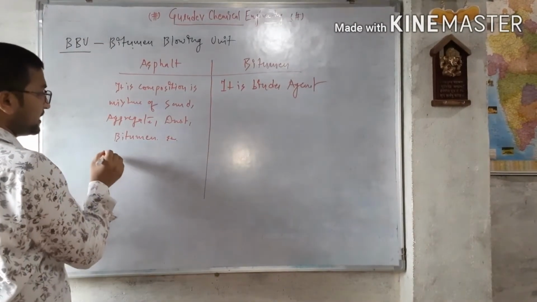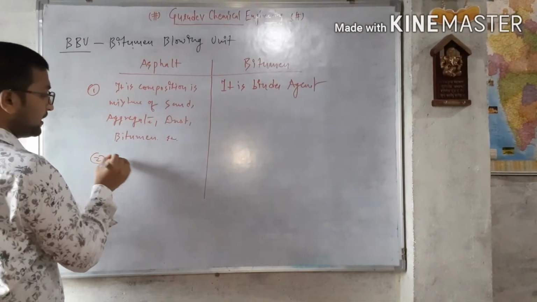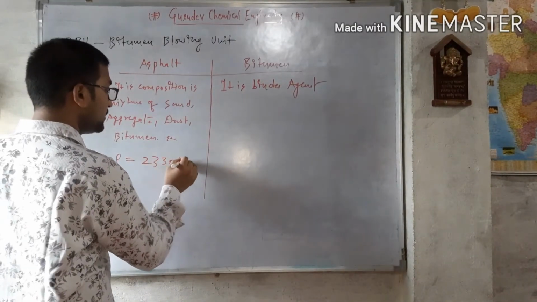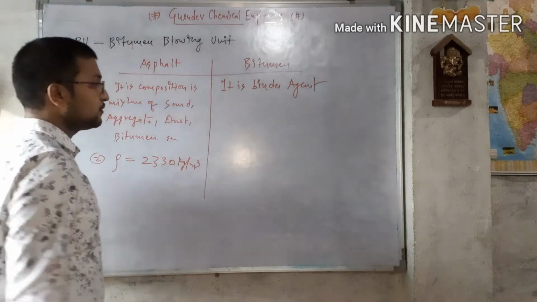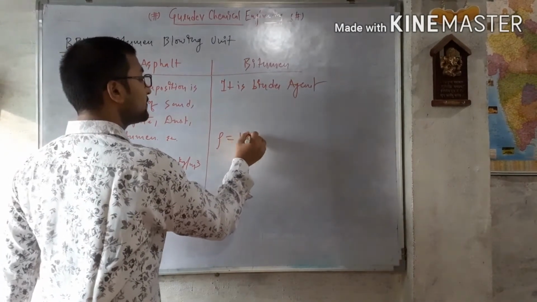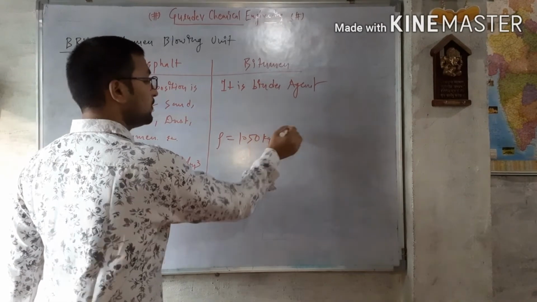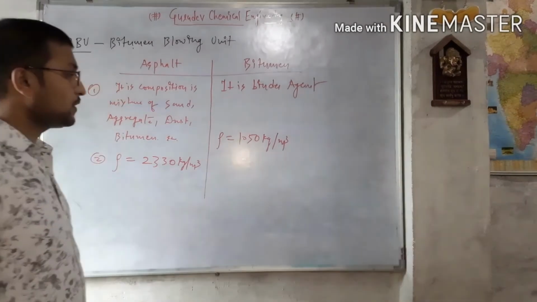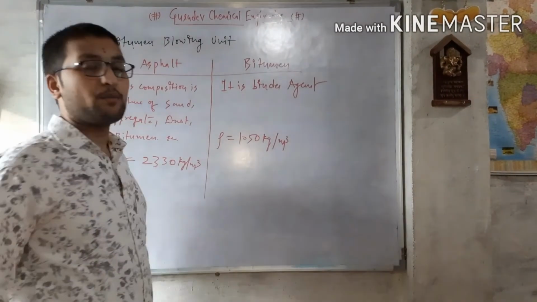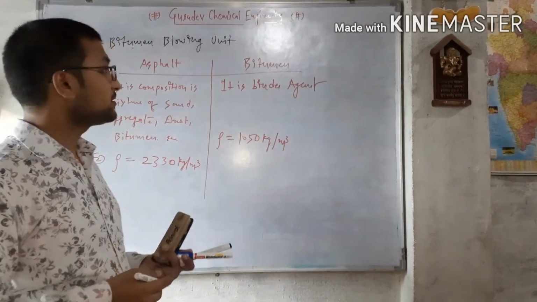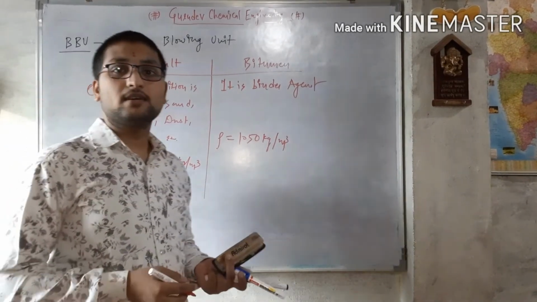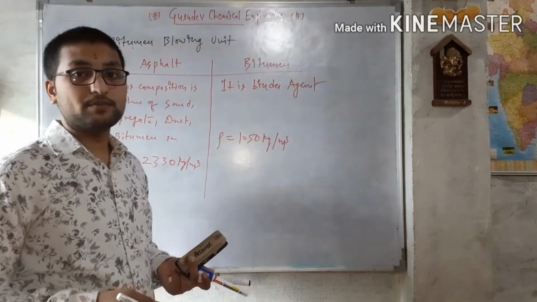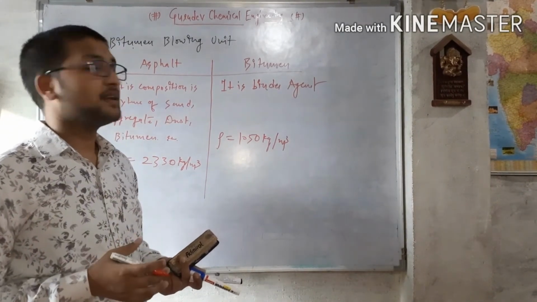Now we will discuss the second point, its density. Its density is 1050 kg per meter cube. It also contains a poisonous agent, polycyclic aromatic hydrocarbon, which is hazardous for our health.